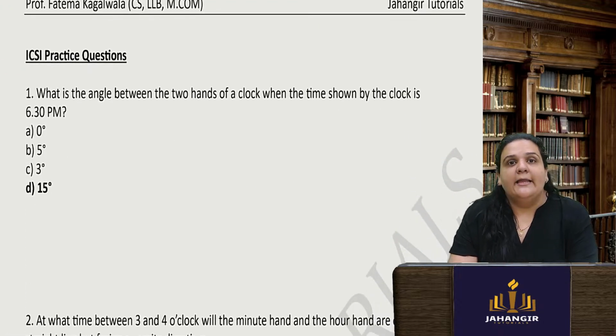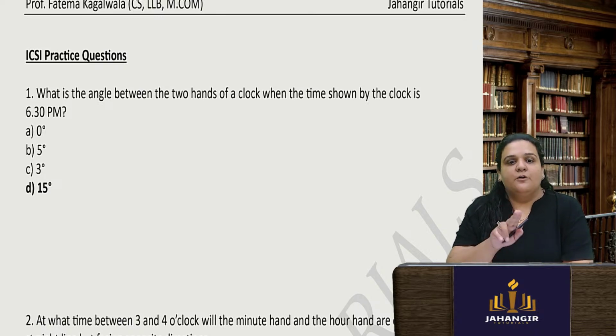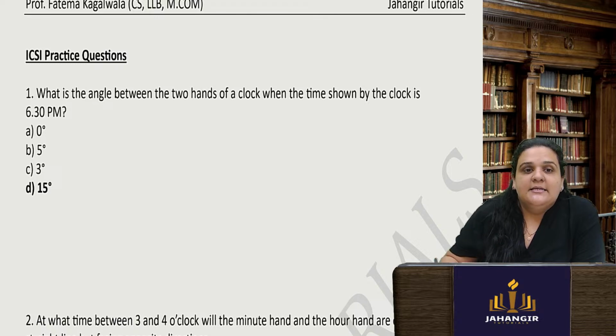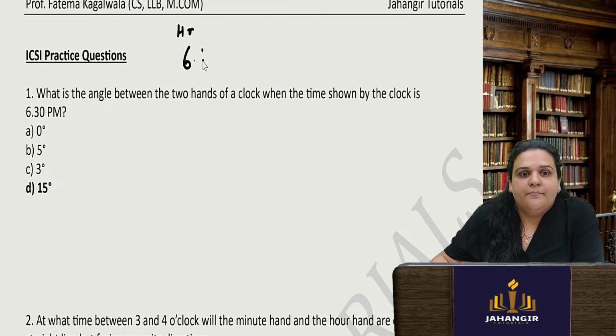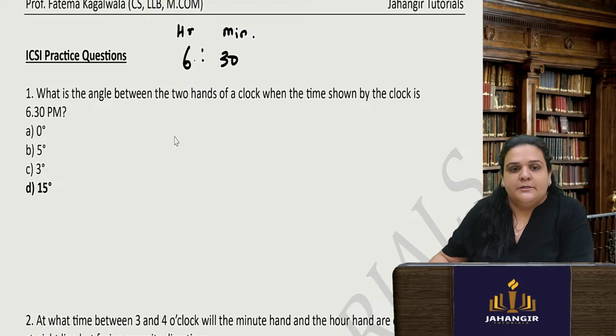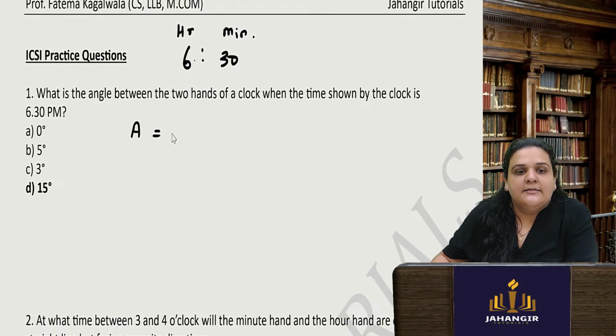What is the angle between the two hands of a clock when the time shown in the clock is 6:30? So 6 is the hours and 30 is the minutes. So we can use this formula. As per the formula, angle is equal to 11 upon 2 m minus 30 into h.